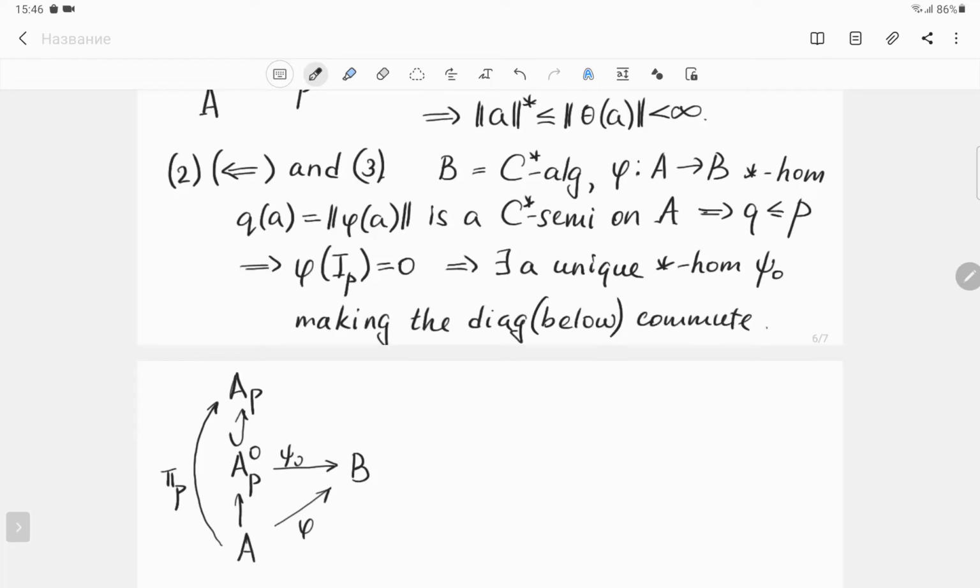Okay, let's now look again at this inequality, and let's observe that this inequality implies that psi_0 is bounded. Indeed, when we apply psi_0 to any element in the quotient, a plus I_P, this will be phi of a, and its norm is Q of a, and this is less than or equal to P of a.